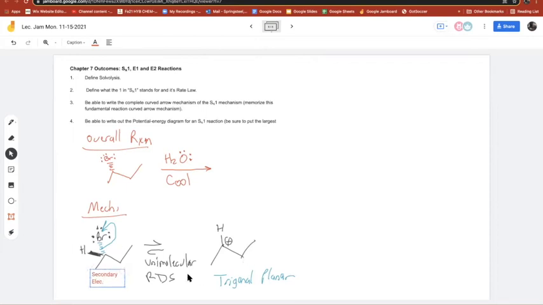It forms the carbocation, and what kind of carbocation is this? How would we describe this carbocation here? Trigonal planar and a secondary carbocation.